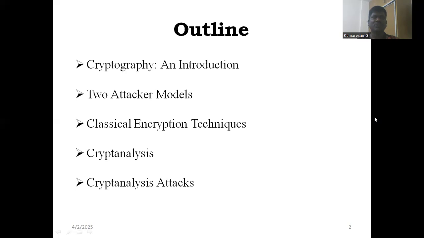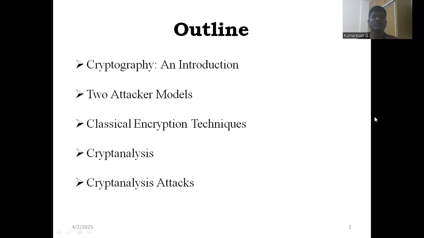Once we complete these two attacker models, we will see the classical encryption techniques. Some of the traditional encryption techniques we will discuss. Then we will see what cryptanalysis is and how cryptanalysis helps to recover the key and message.